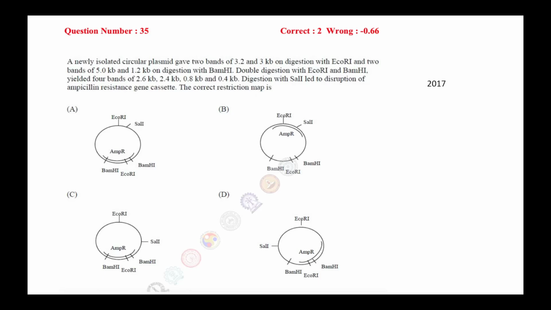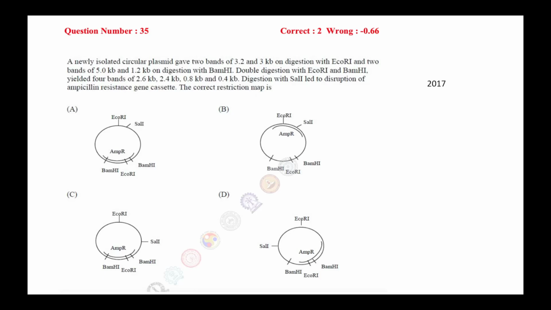A newly isolated circular plasmid. All four are circular plasmids. It gave two bands of 3.2 and 3 kb on digestion with EcoR1. So 3.2 and 3 kb are the sizes of the DNA. We generally express the sizes of DNA in kilobase pairs or base pairs.